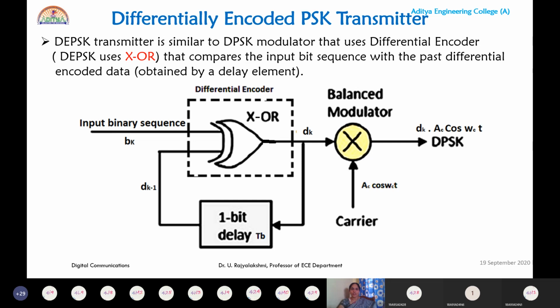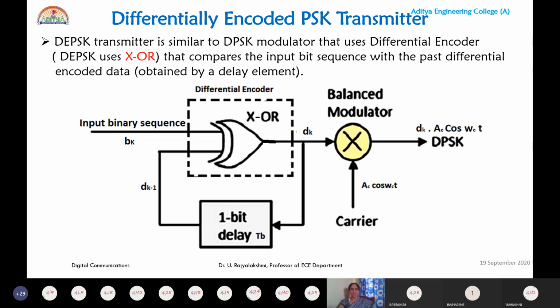So what is the output of the DEPSK modulator section? dk into Ac cos omega ct. It is similar to DPSK, but dk is a unipolar energized signal obtained from the XOR gate. Please identify the basic difference between the DEPSK transmitter and the DPSK transmitter: instead of XNOR, we are using XOR, so dk is obtained using this XOR gate.